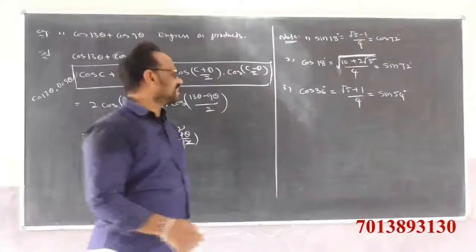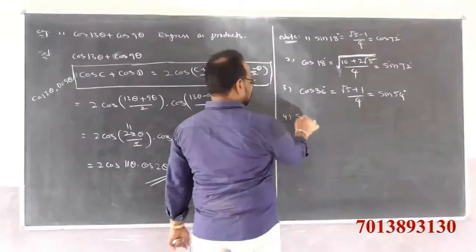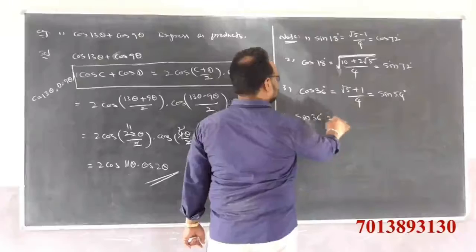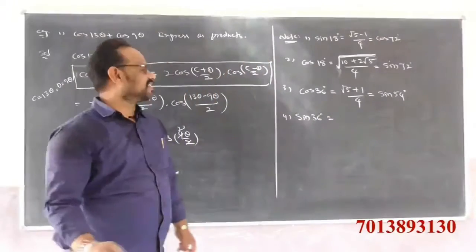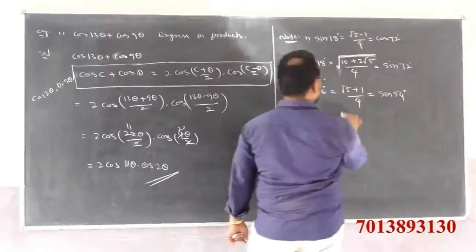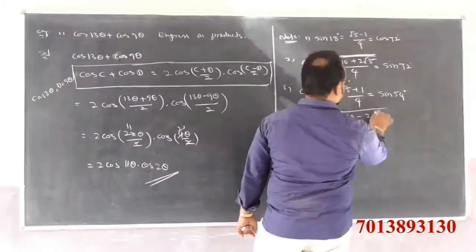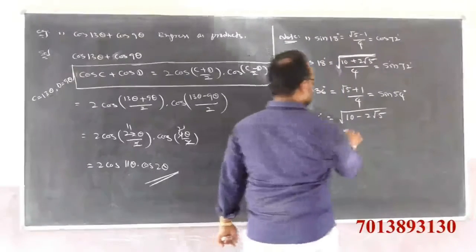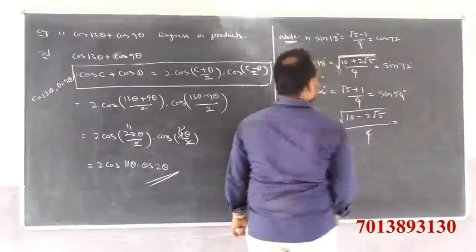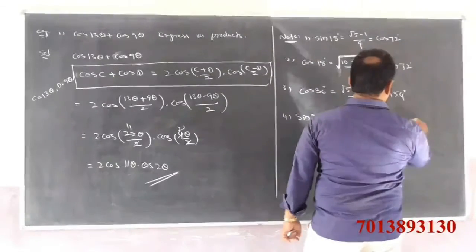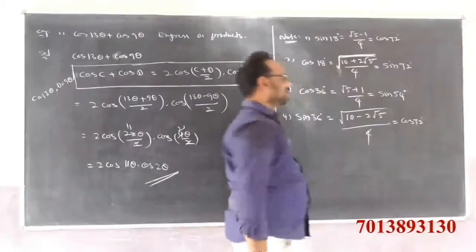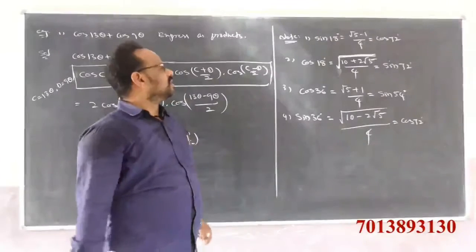Next, fourth one, sin 36 value is equal to square root of 10 minus 2 root 5 by 4, which is the same as cos 54.